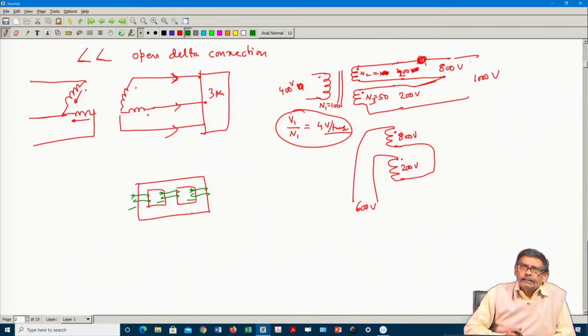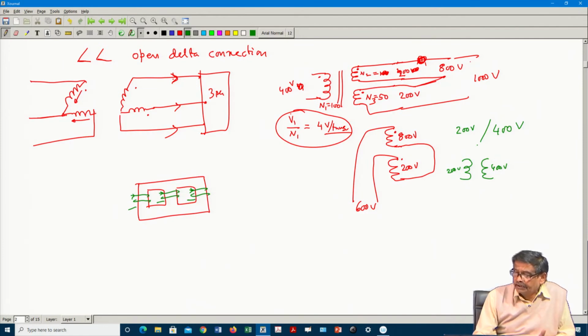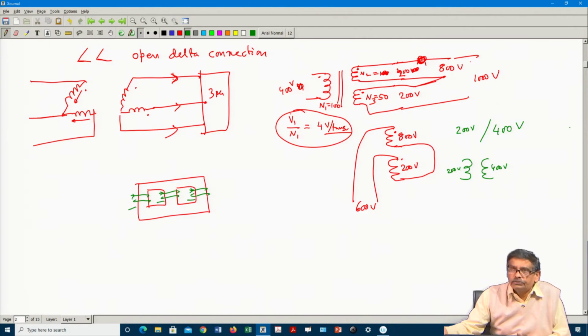For example, I want to step down this voltage from 400 volt to 200 volt, and I make a transformer to do that. Now, mind you, after all you are using the transformer not just to step the voltage, but to supply some current, some power to the load.